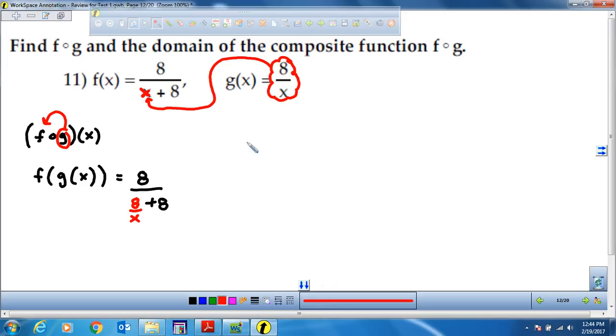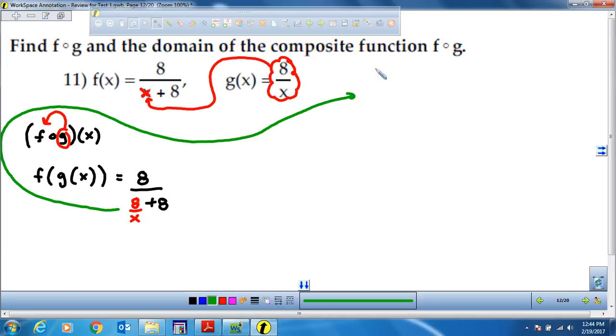Okay, and now right away, let's find the domain before we complete this process. For the domain, remember that we need to find the domain of the function that we're substituting. So in this case, we're substituting the g. So right here, for the domain, we can see that that contains x on the denominator, and for that type of situation, we need to exclude anything that causes that denominator, which is x, to be equal to 0.